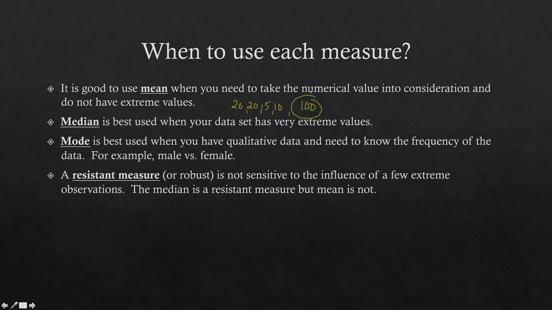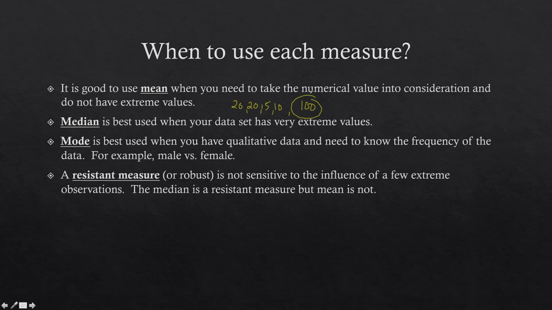It's going to skew the data set, which means that it won't be a true average. Because if you notice, look at where all the data is grouped. If you take away that 100, all that data is grouped right in that 10 to 20 range. So really, this person's not doing well, but the 100 would skew the mean if we used it.